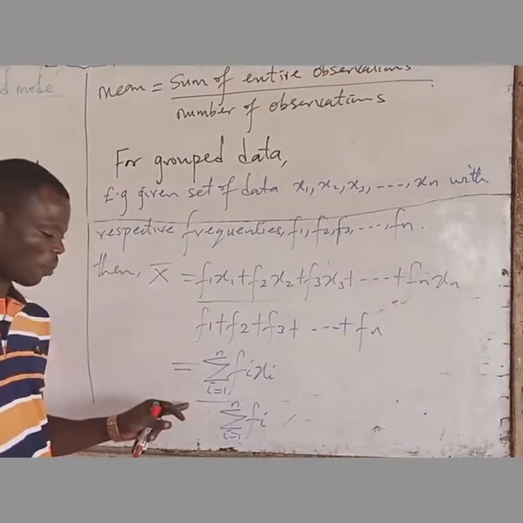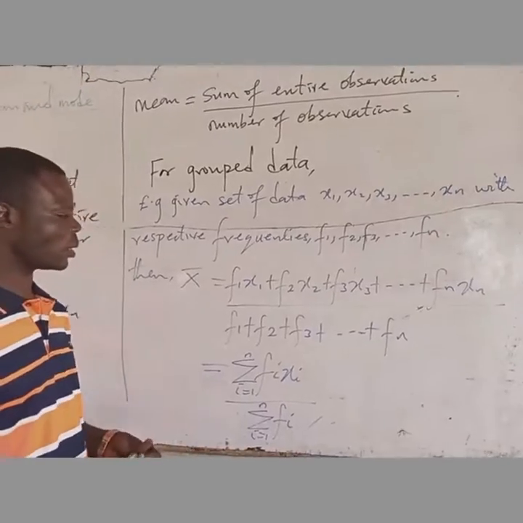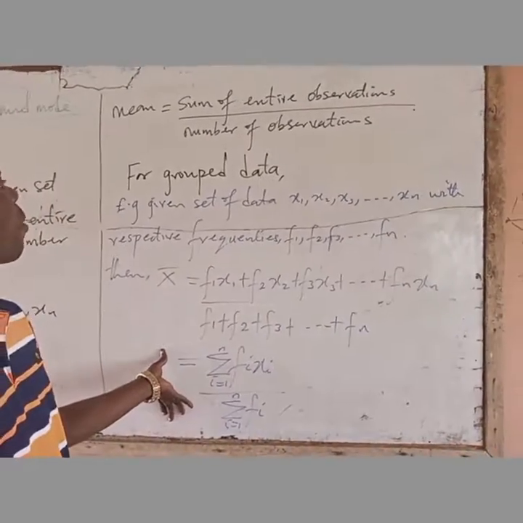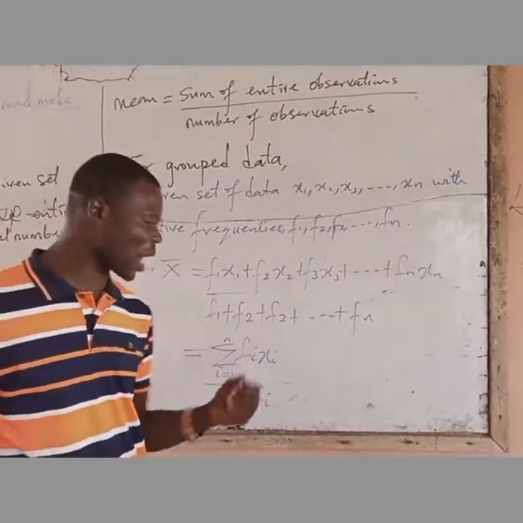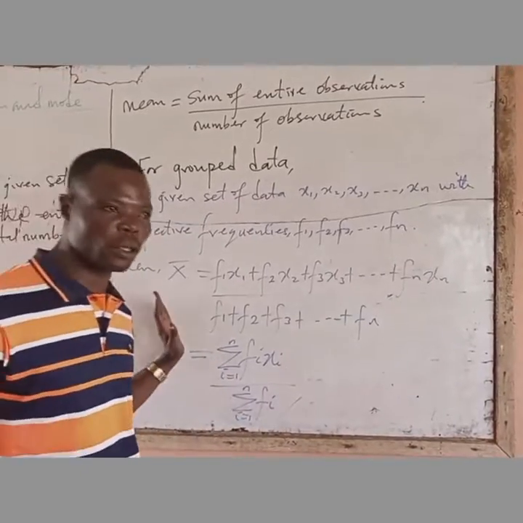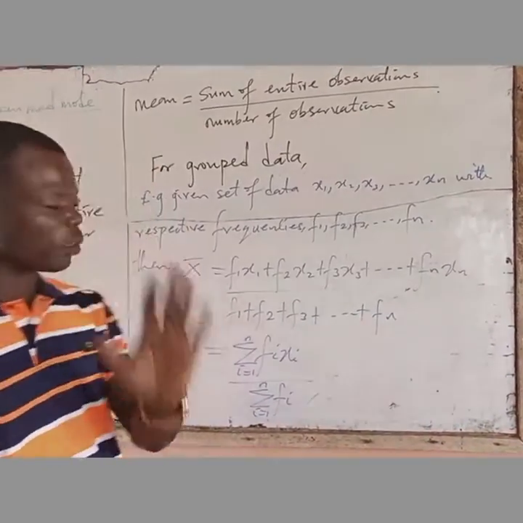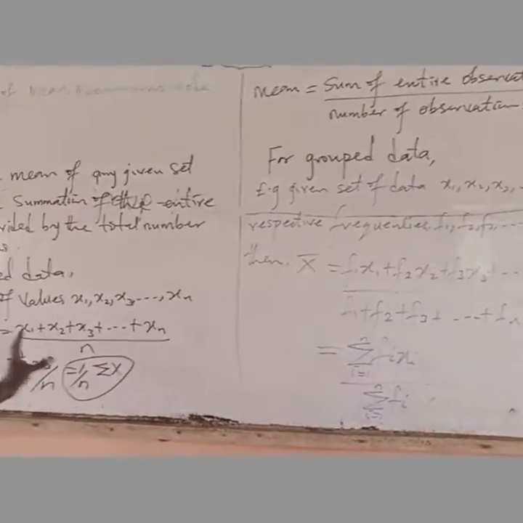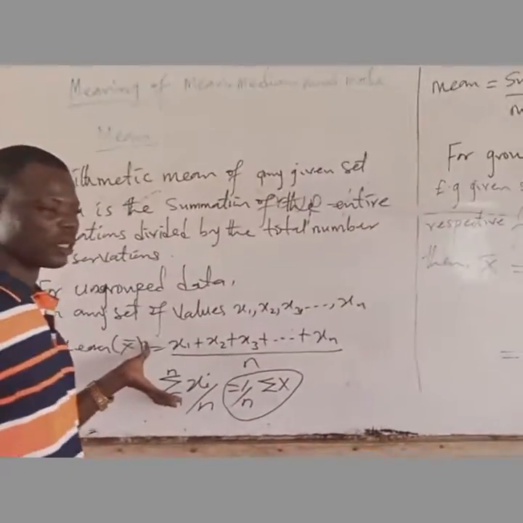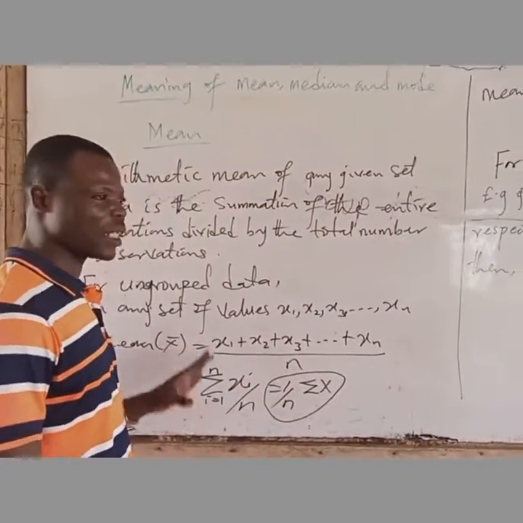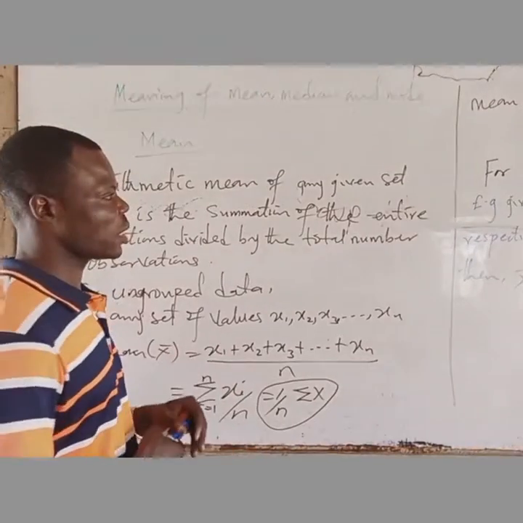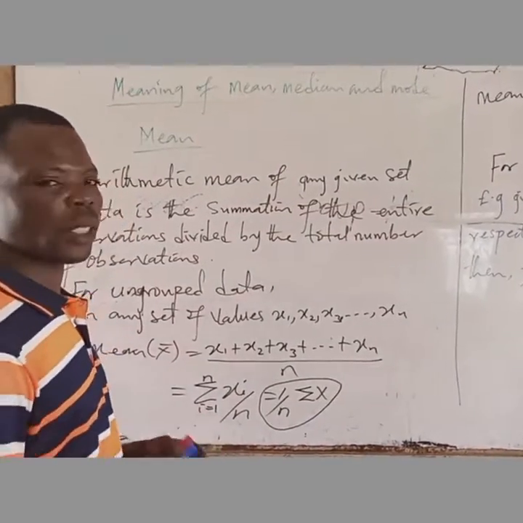So this is the formula to calculate the mean of any given set of data if it's grouped data. But for ungrouped data, we use the earlier formula. That is when there is no frequency. Let's look at the next one now.